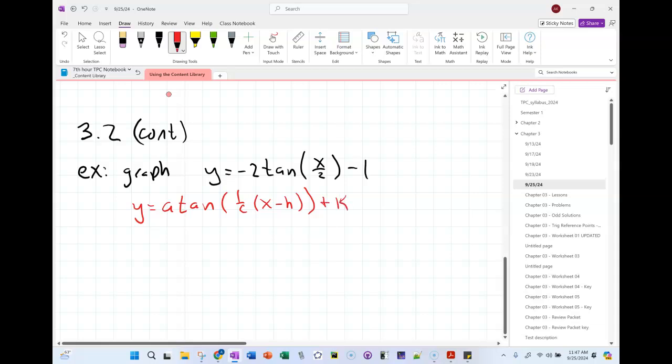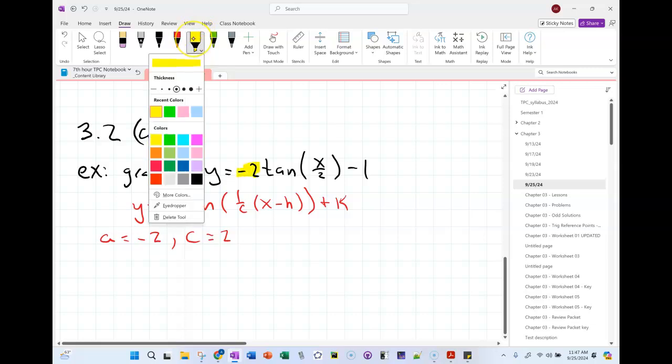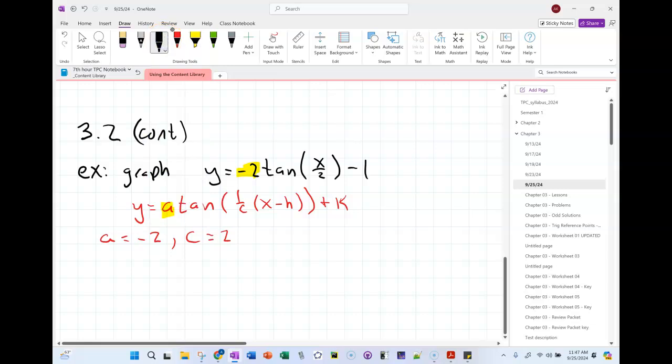So to do that, I'm going to use this formula. What's my value for A gotta be? -2. How about my value for C? Regular 2. Right, so -2 is my A. Remember that x over 2 is the same as 1/2 x.